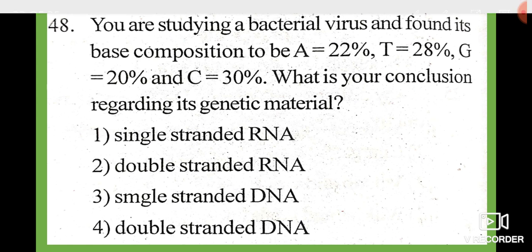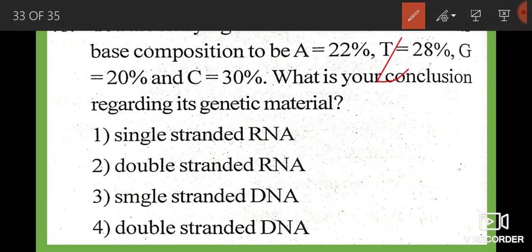In this question, thymine is present. Thymine is not present in RNA; in the place of thymine in RNA, uracil is present. So the genetic material is not RNA, and two options are eliminated.